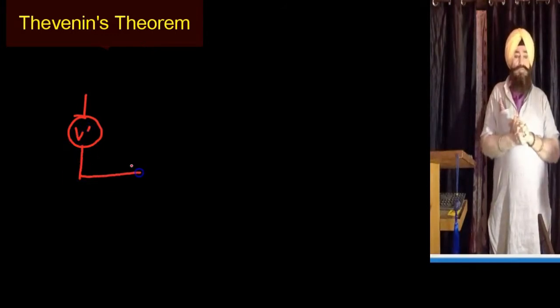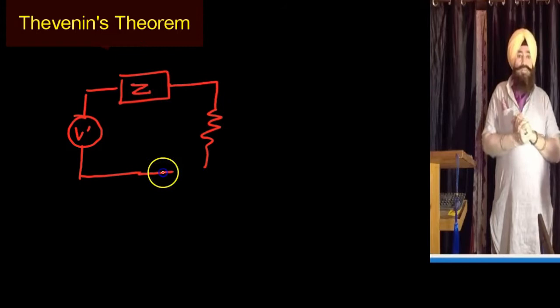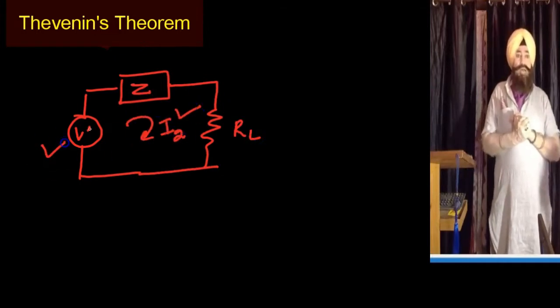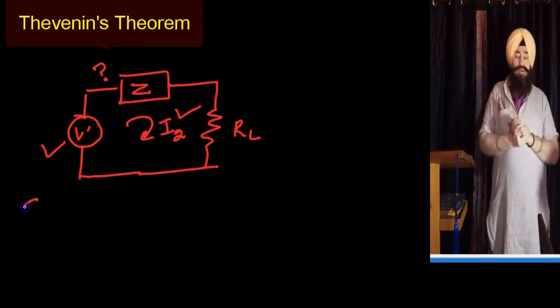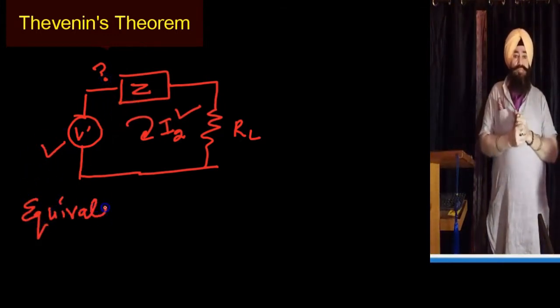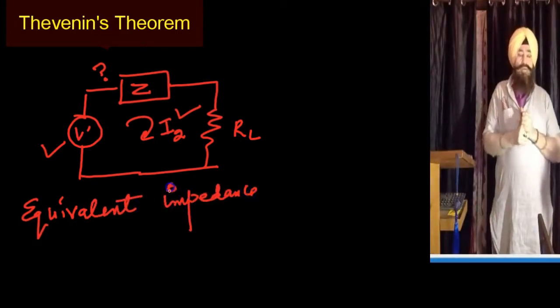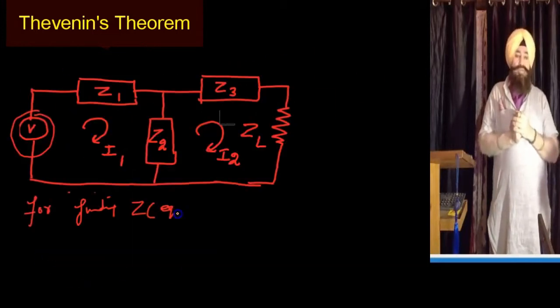Now we are left with only a single parameter, Z. What is this value? We know already I2, we know already V dash, only Z we have to find now. Now equivalent impedance, what is Z value? This is a problem.